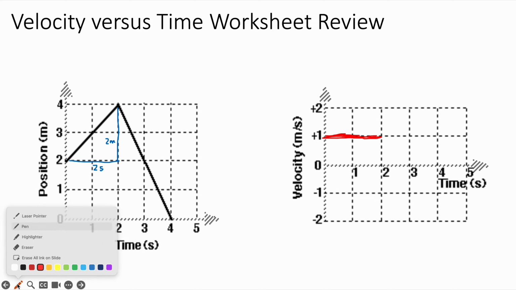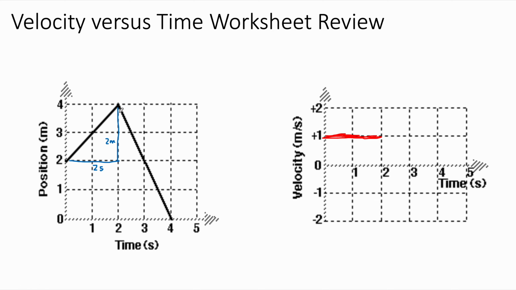And now this next part. We actually go down a total of, I'm going to draw all the way down here. We go from 4 down to 0, which means we actually go down 4 meters in 2 seconds. Our velocity, which is the change in position over the change in time, is now -2.